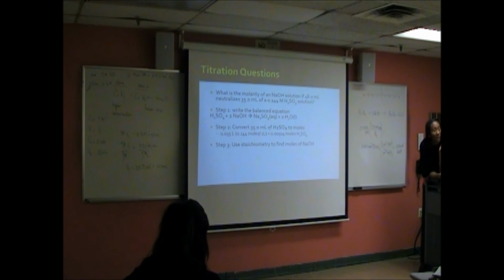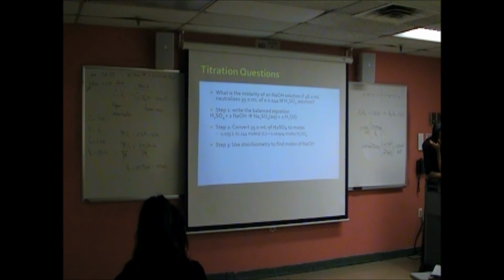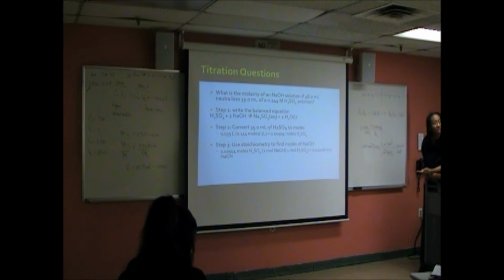You're going to use stoichiometry to figure out the moles of sodium hydroxide. So how many moles of sodium hydroxide do we have? 2 to 1. 0.01008 moles. Now you have your moles of sodium hydroxide.